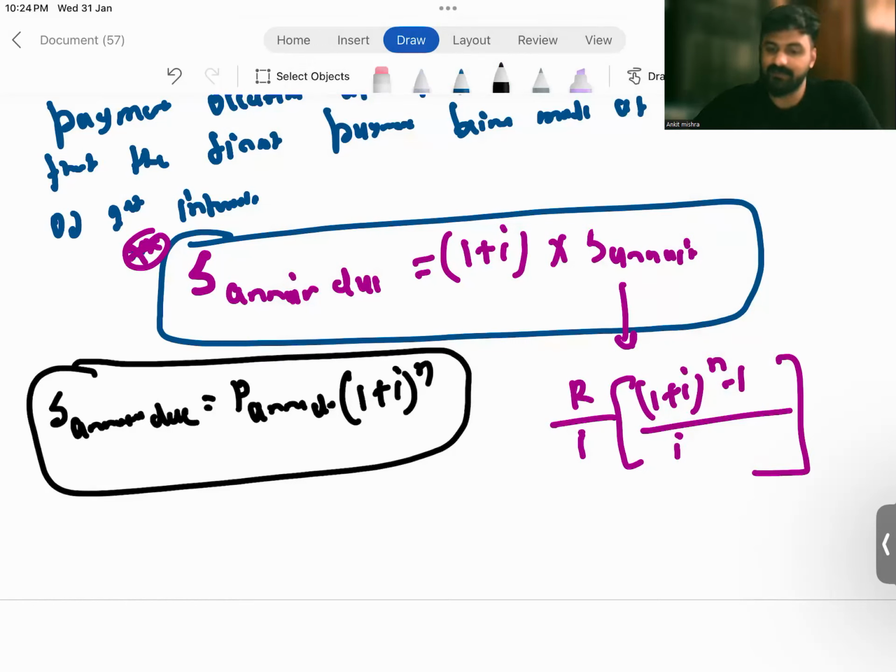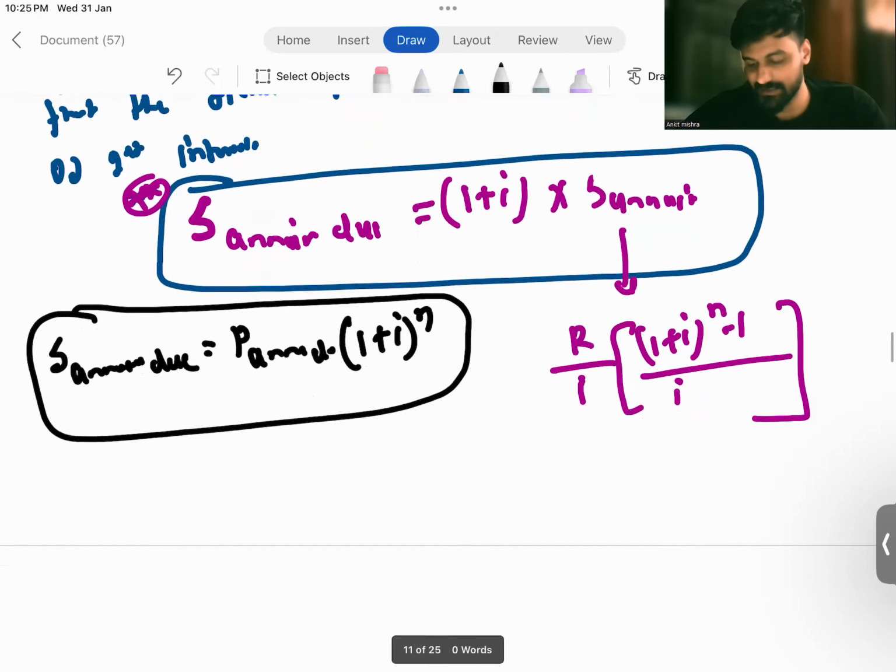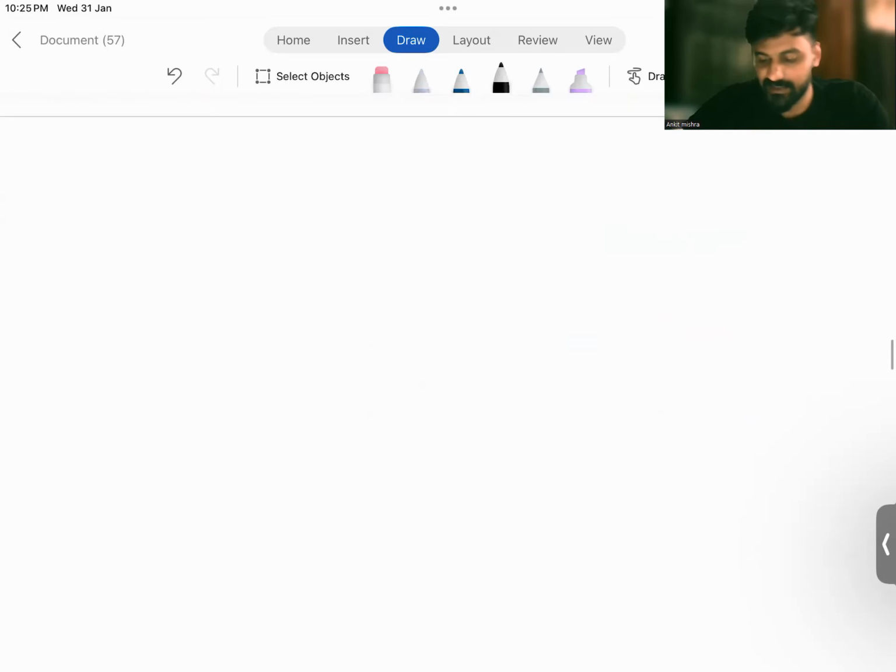These two concepts are very important, and that's why I have discussed annuity and annuity due. Most of the time you'll see this kind of question asked in the examination. This is a favorite topic of GATE examiners.